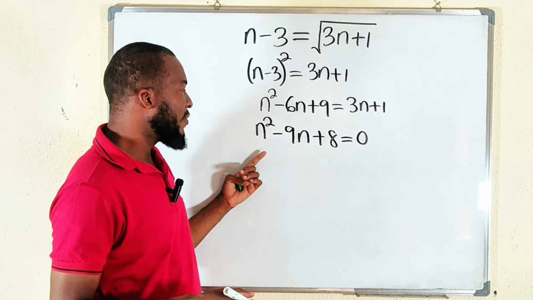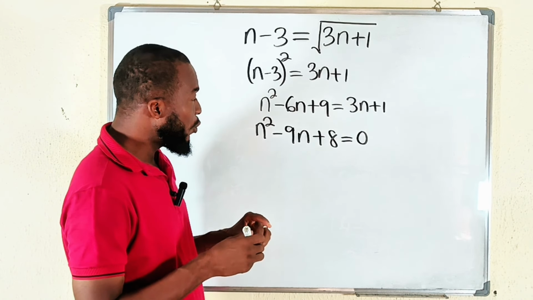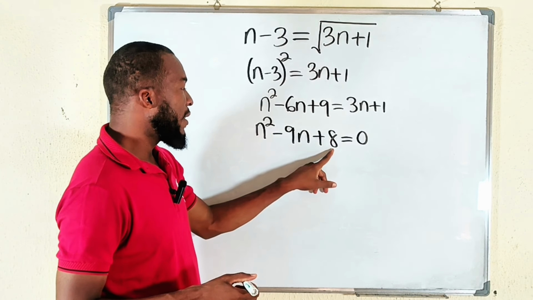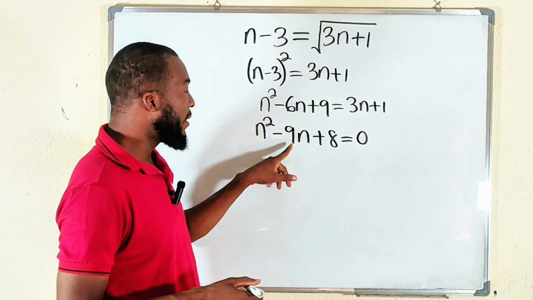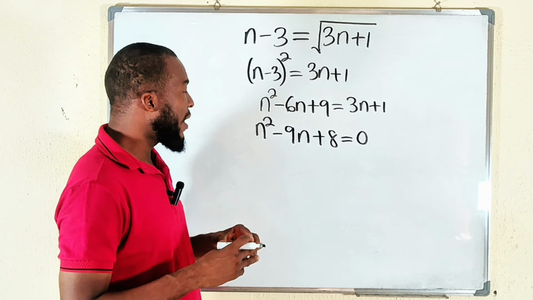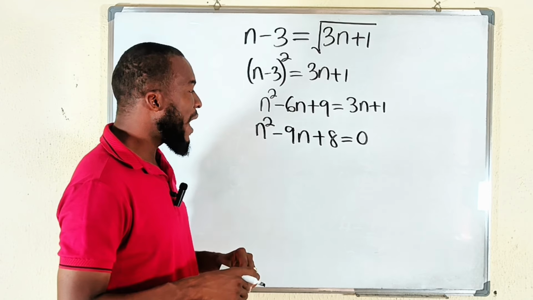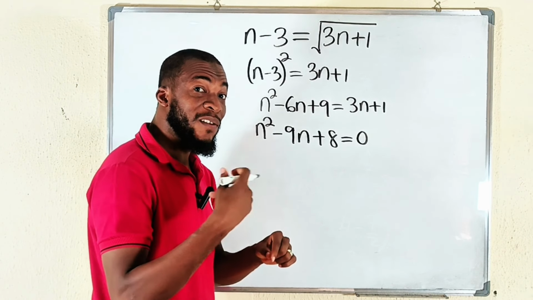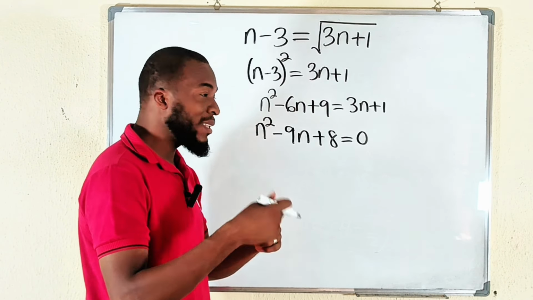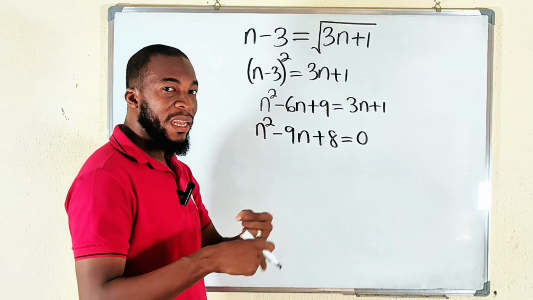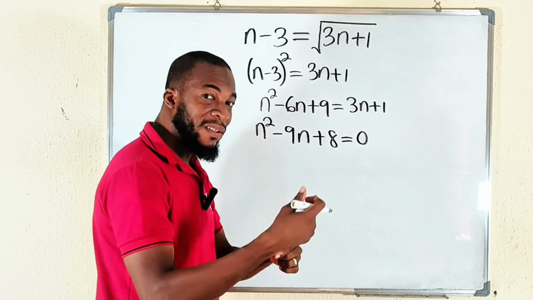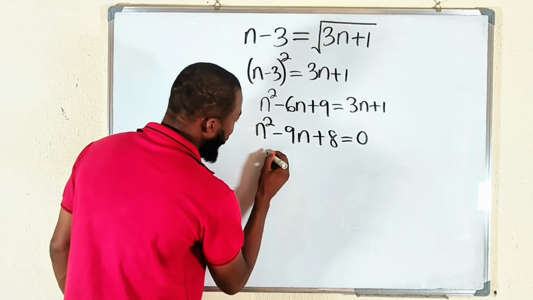To factorize this, you have to think of two numbers, which when you multiply them together, you get the constant term. And the moment you add those two numbers together, you get the coefficient of n, which is negative 9. And the numbers are negative 1 and negative 8, because negative 1 times negative 8 will give us positive 8. Negative 1 plus negative 8 is negative 9. So open your brackets.